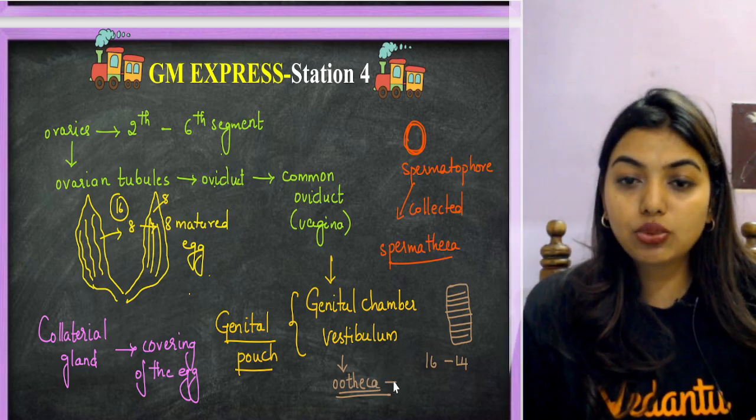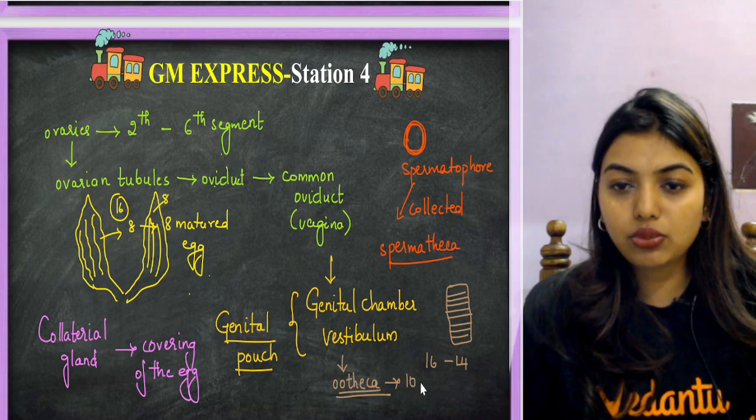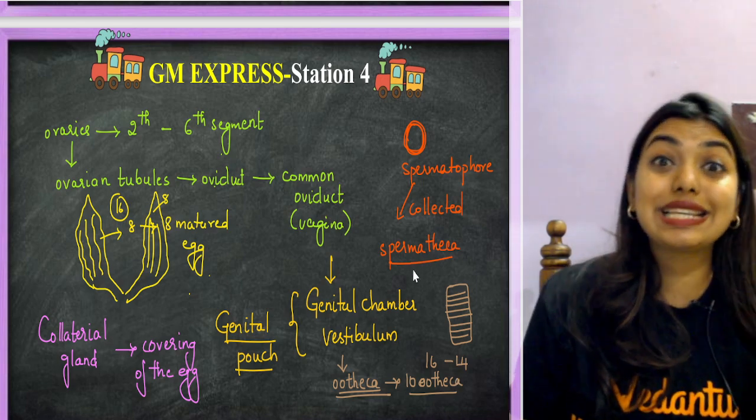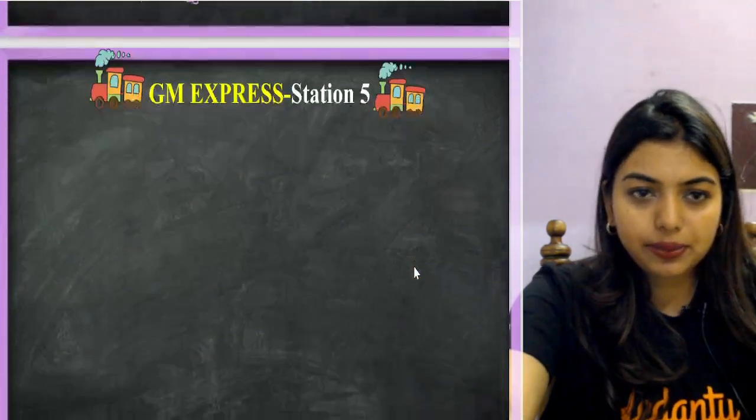This is called utika, the case that comes out. Around 10 utikas will be given out, so that means a total of 140 to 160 eggs will be given out.